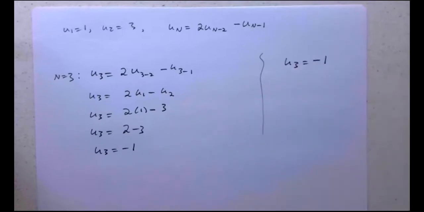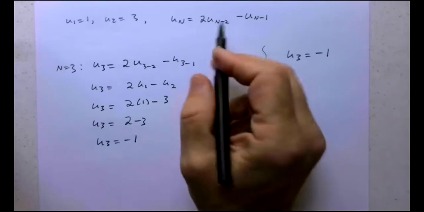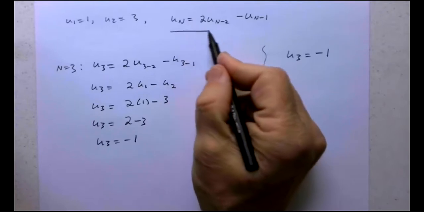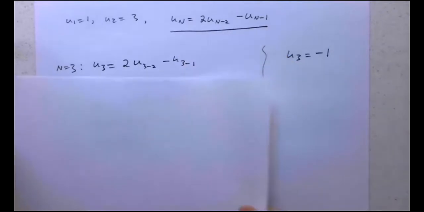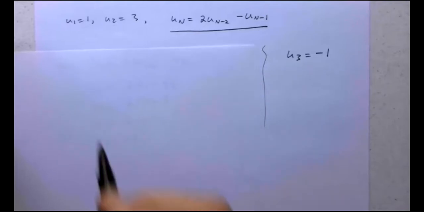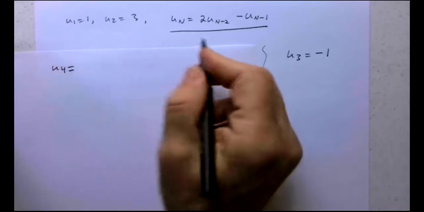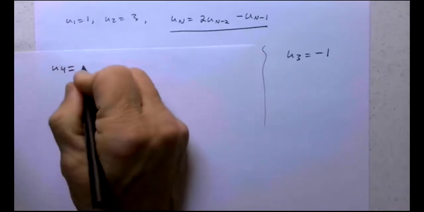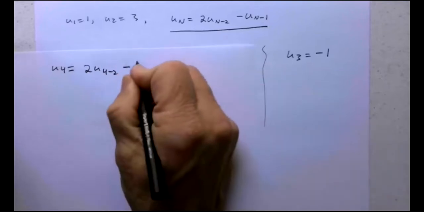Now I would like to go to u sub 4. So what are we going to do? We're going to look at the recursively defined function up here, and replace the n's with 4s. If n is 4, what do I have? u sub 4 equals 2 u4 minus 2 minus u4 minus 1.